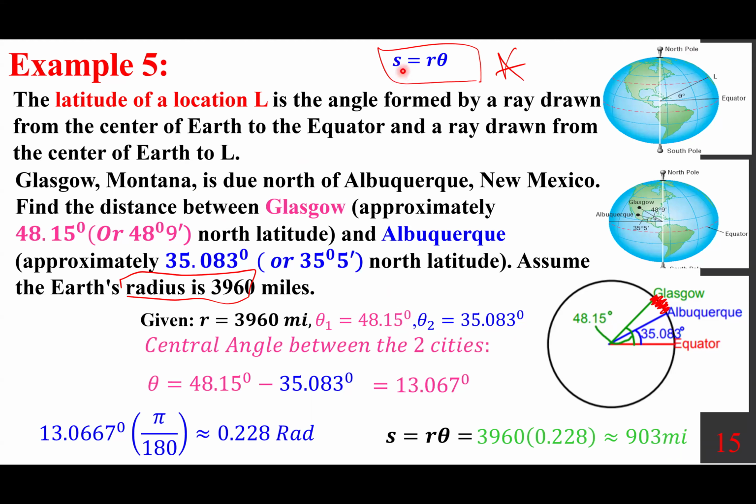S, the arc length, equals R theta, where R is given as 3960 miles, everybody. I guess that's pretty straightforward.